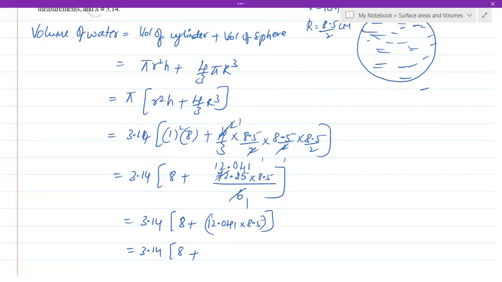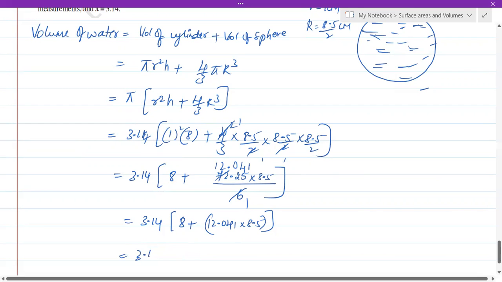12.041 into 8.5 will be equal to 102.3, plus 8, so it will become 110.35. So the total, if you add it, will become 3.14 into 110.35.